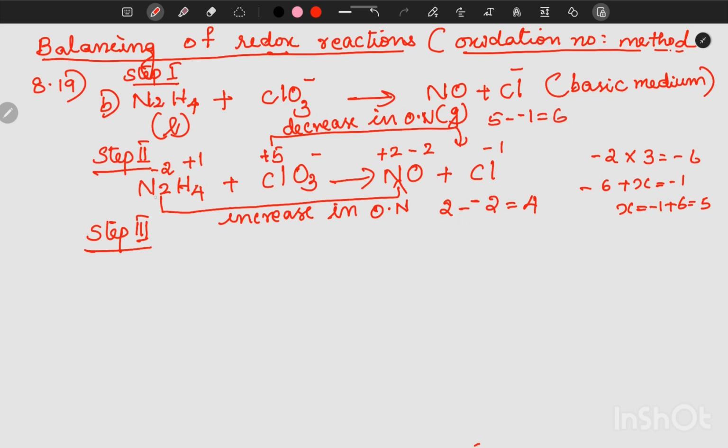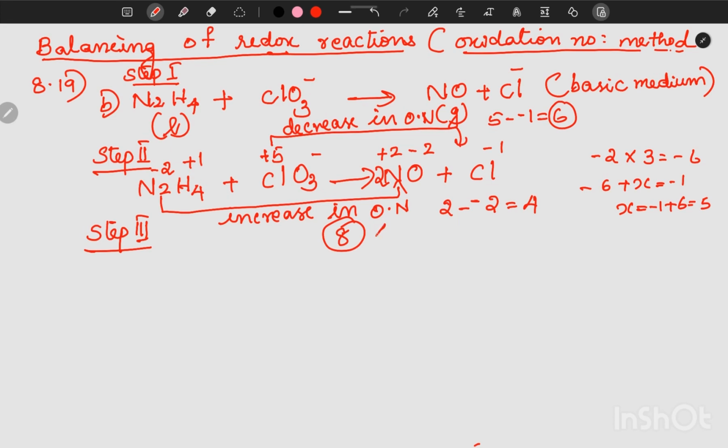Here we have 2 nitrogen atoms on the left hand side, so we can put 2 before NO so that we can find out the change for 2 nitrogen atoms. For 1 nitrogen atom, the change is 4. For 2 nitrogen atoms, the overall increase in oxidation state is 8. Now we have to make the changes equal. In one case the change is 8 and in the other it is 6.